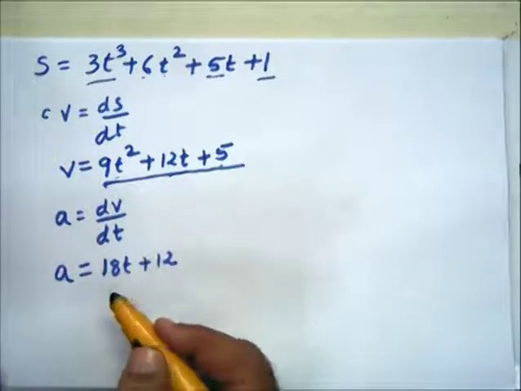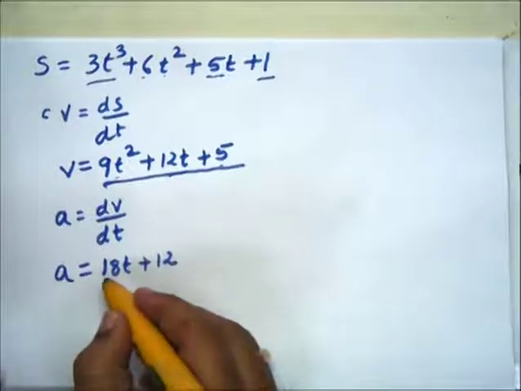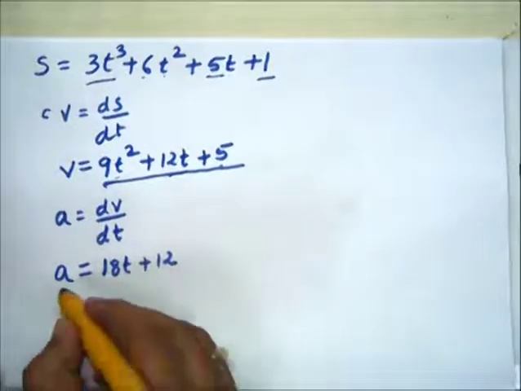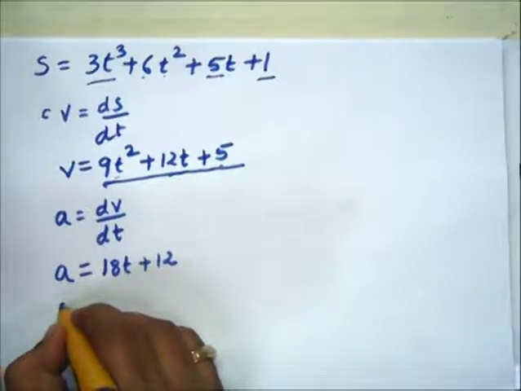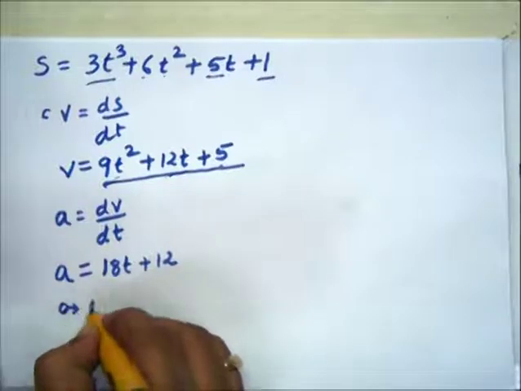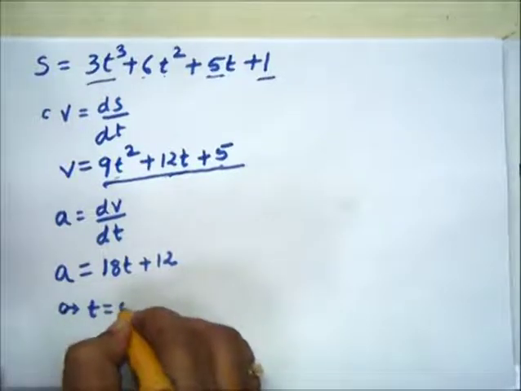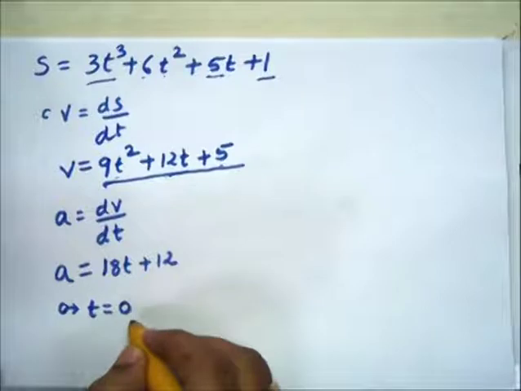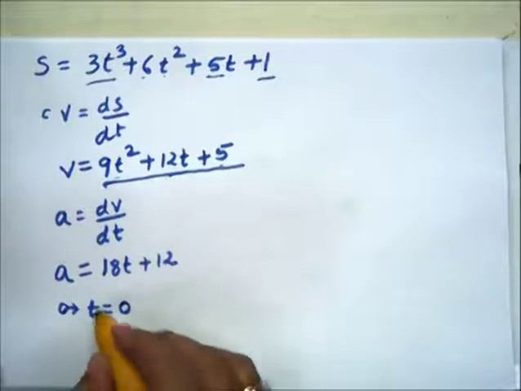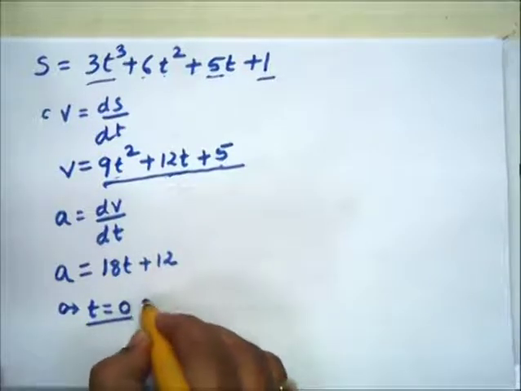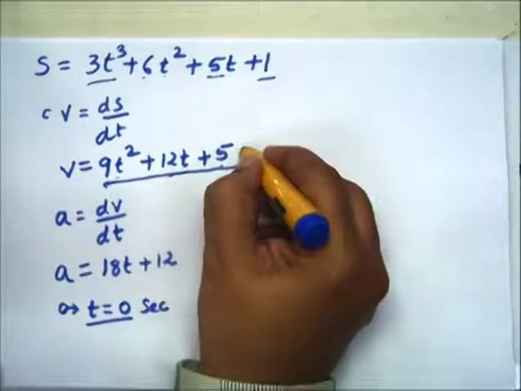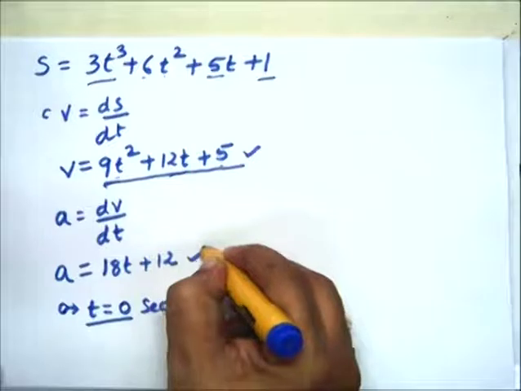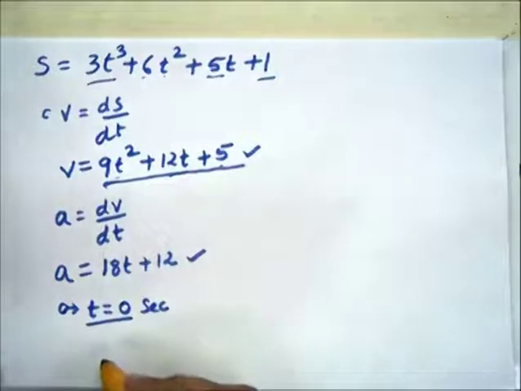Now initially, we want to know the velocity and acceleration. So initially, time is equal to 0. If we take t is equal to 0 seconds, we get the initial velocity.